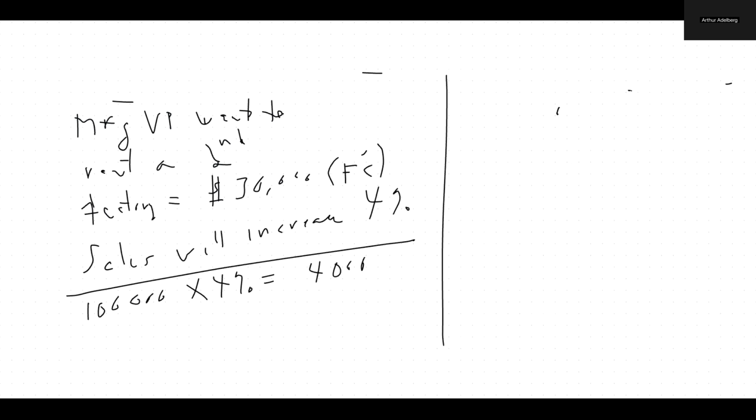So I'm going to write down: increase in fixed cost. My fixed cost is going to go up $30,000. And I'll treat that as a negative number because it's a cost.